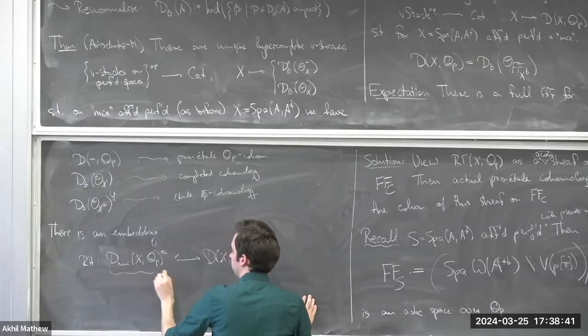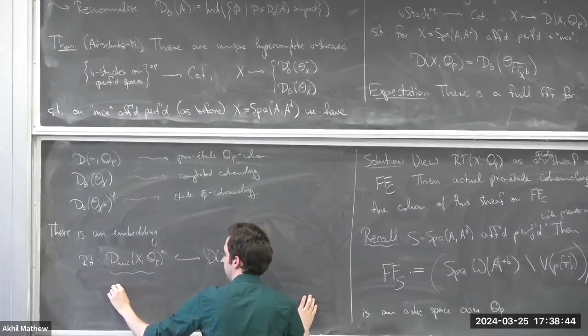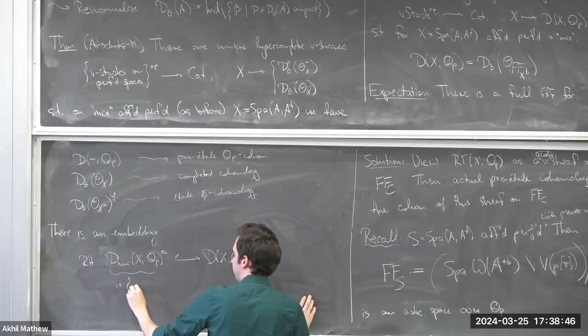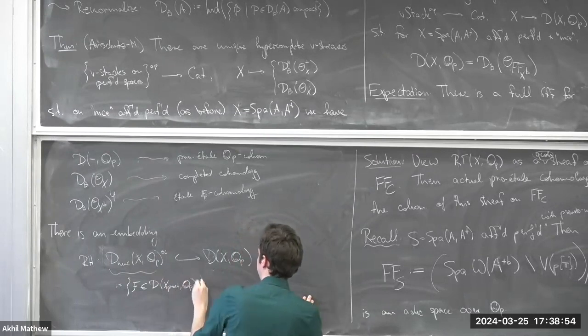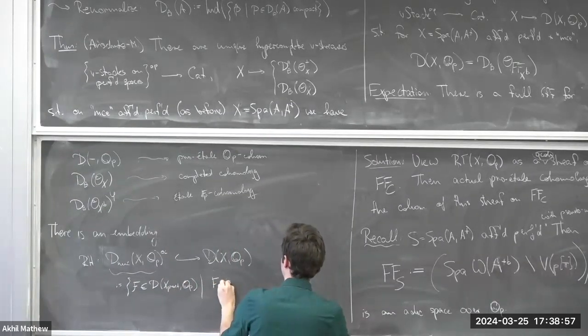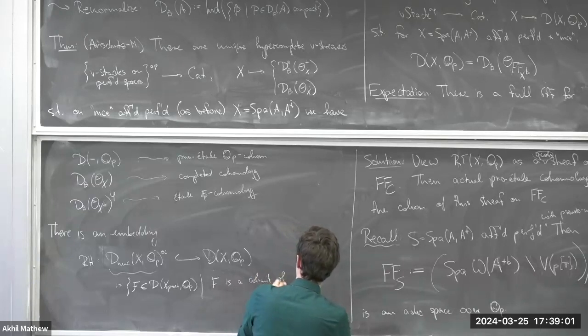And this here, this D-nuke, is the subcategory of all pro-étale sheaves such that F is a colimit of Banach sheaves.